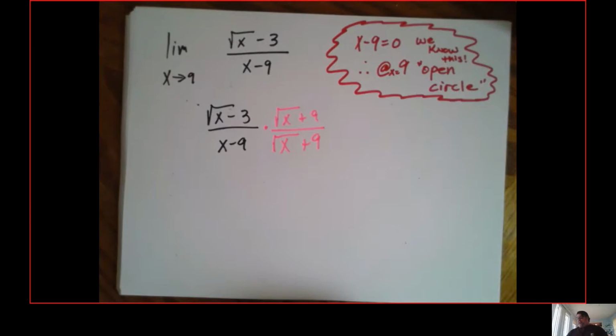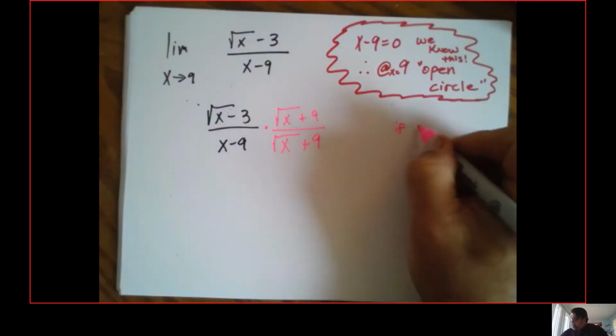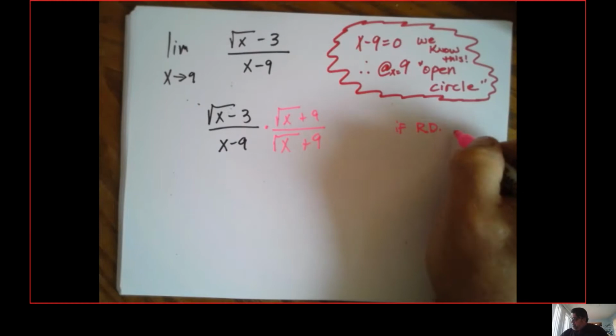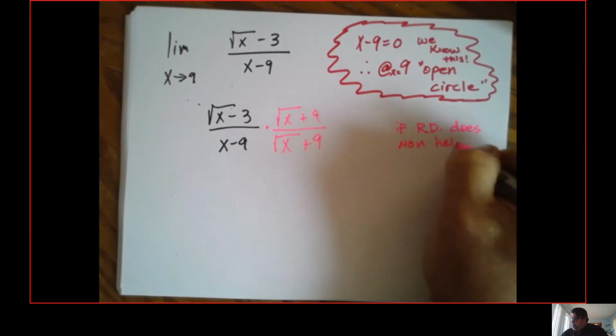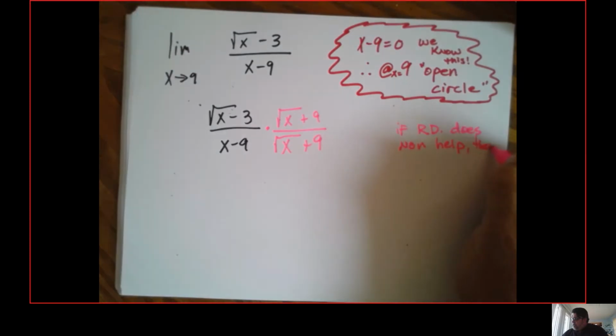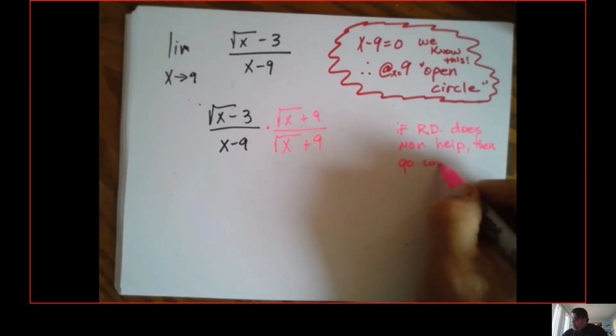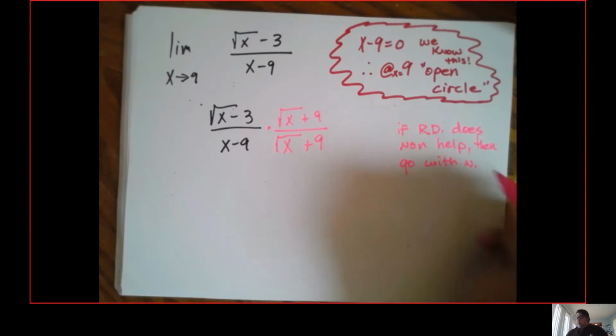You're going to get x squared minus 81, and then you're going to be back to where you were, because then you're going to get the same thing in the bottom. Something's going to give you 0, and that's not going to help you. So if rationalizing the denominator does not help, then go with the numerator. Okay?